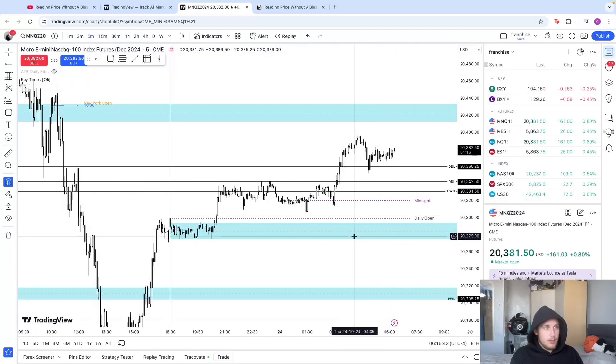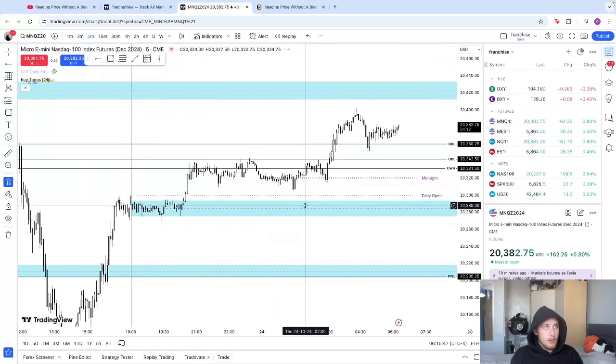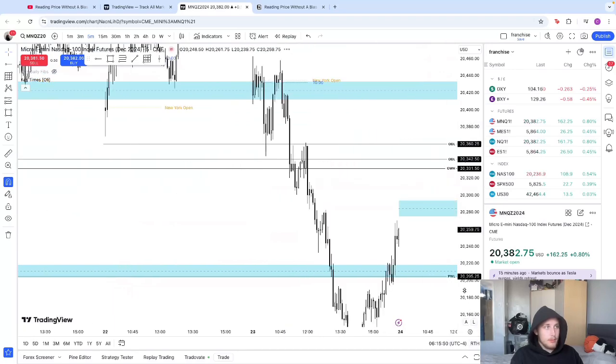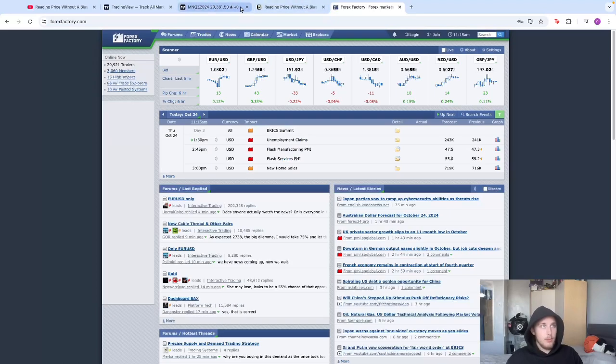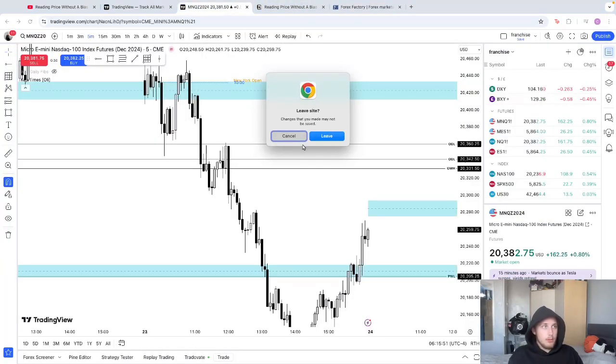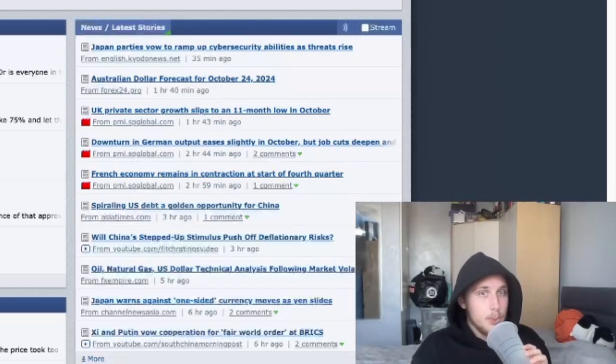Obviously we've got news today. We've got unemployment and PMI, which hopefully will help price. So we'll be looking to take a trade around 10 o'clock ish.